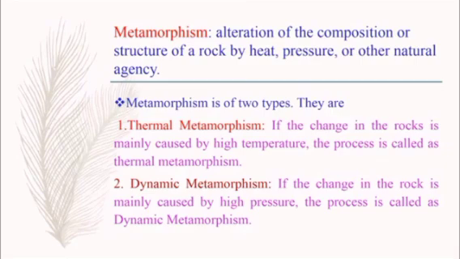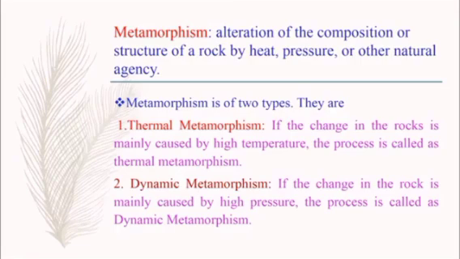Metamorphism is of two types. They are thermal metamorphism and dynamic metamorphism. Thermal metamorphism: if the change in the rocks is mainly caused by high temperature, the process is called thermal metamorphism. Let me explain this point. It is caused because of high temperature.